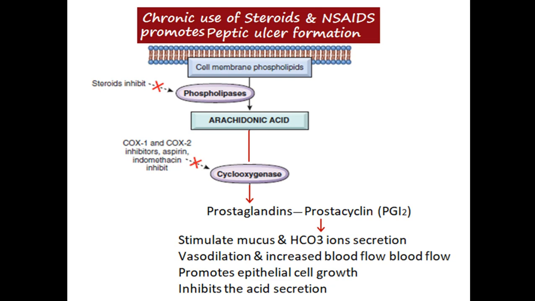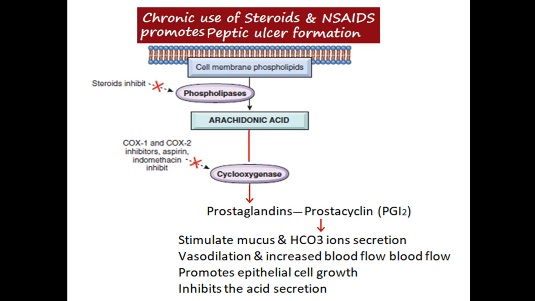The third effect of the prostaglandins, PGI2, is that it promotes epithelial cell growth. And the fourth and very important effect is that the prostaglandins inhibit acid secretion. Now here we come to know that anything that inhibits the synthesis of prostaglandins deprives the stomach of very important protective mechanisms.